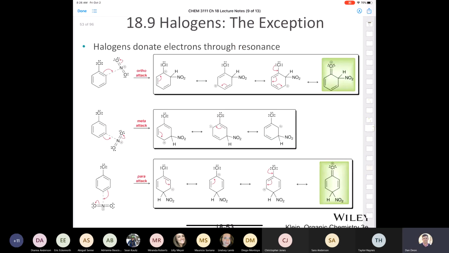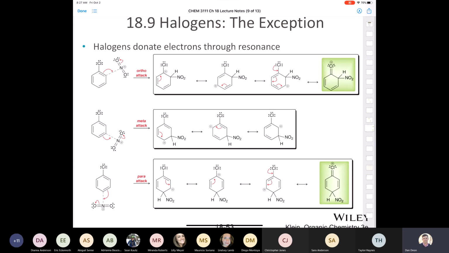So let's take a look. If we were to do a nitration on chlorobenzene, here are the sigma complexes for the ortho, meta, and para attack. Again, that chlorine is pulling electron density away from the aromatic ring, which is going to slow down the reaction. It is deactivating it.